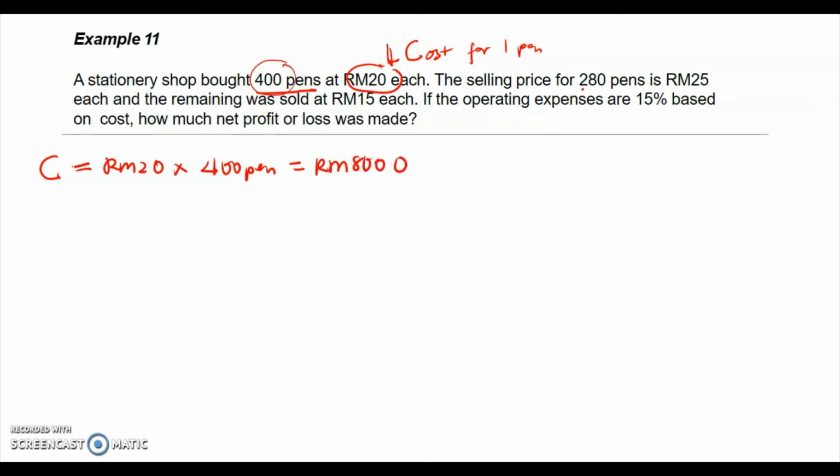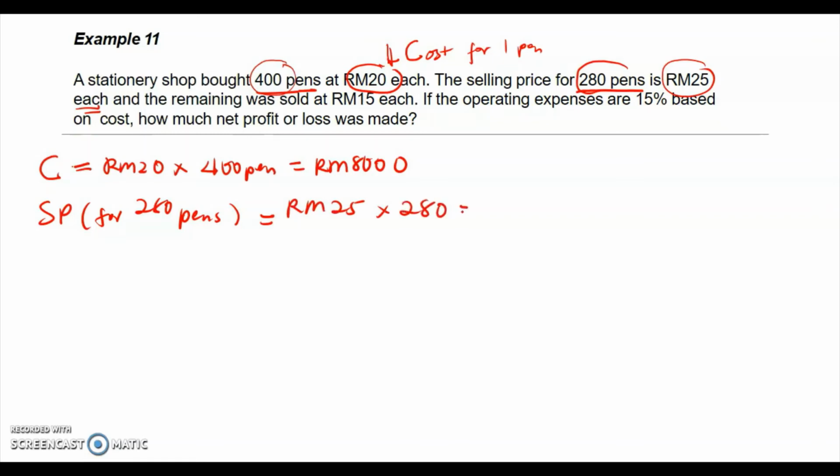The selling price for 280 pens is 25 ringgit each. So this shop sold these pens at 25 ringgit but only for 280 pens. So the selling price for 280 pens is 25 ringgit multiplied by 280. So RM7,000.